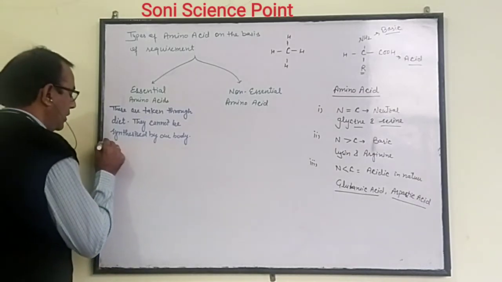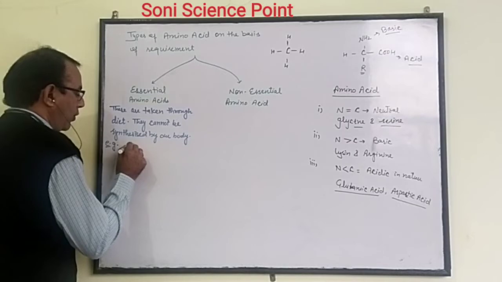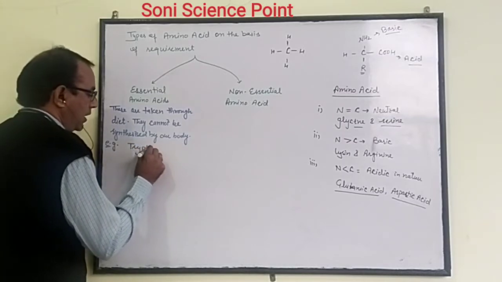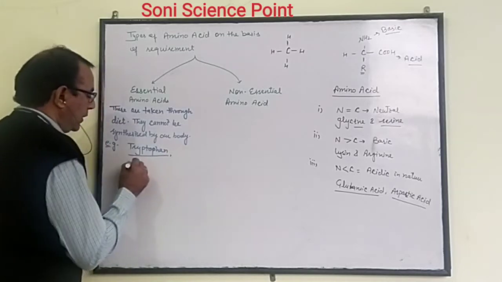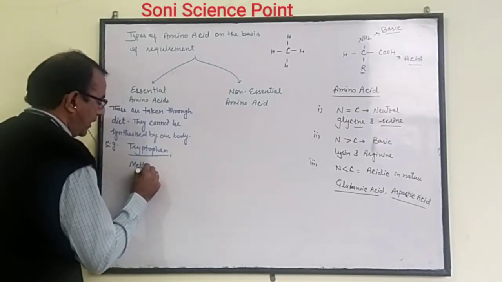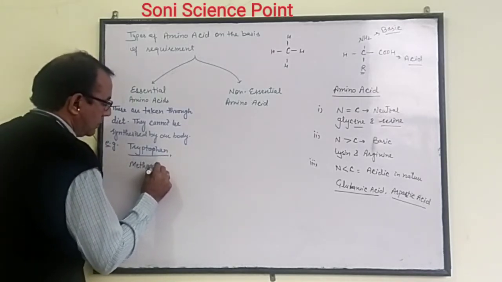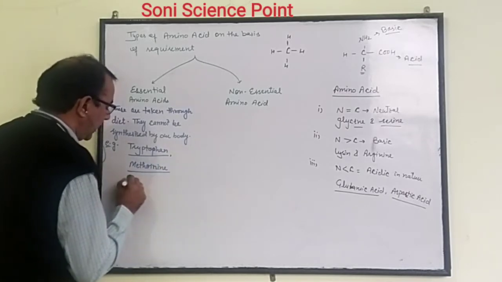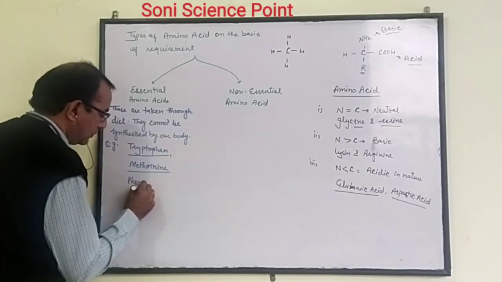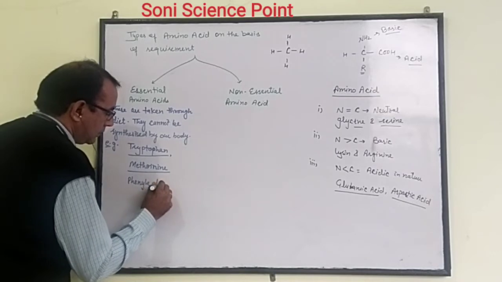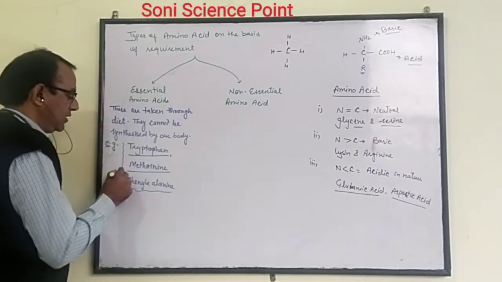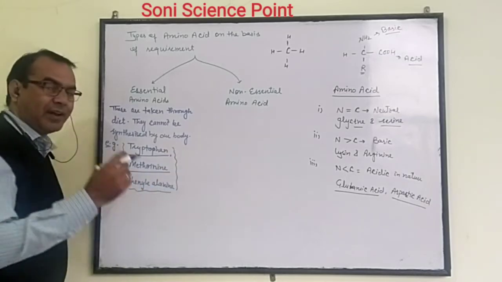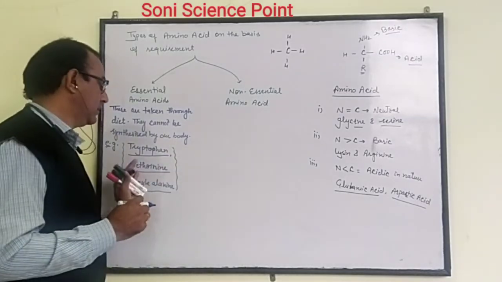For example, tryptophan, methionine, phenylalanine. These are the amino acids which cannot be synthesized by our body, but they are required by the body.